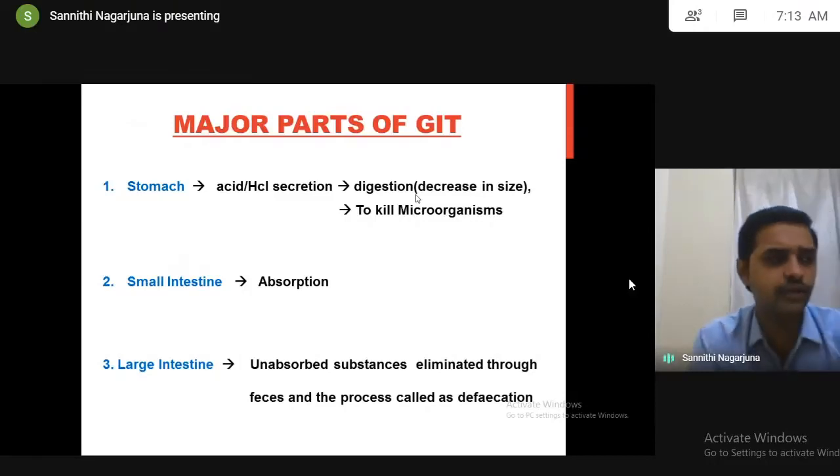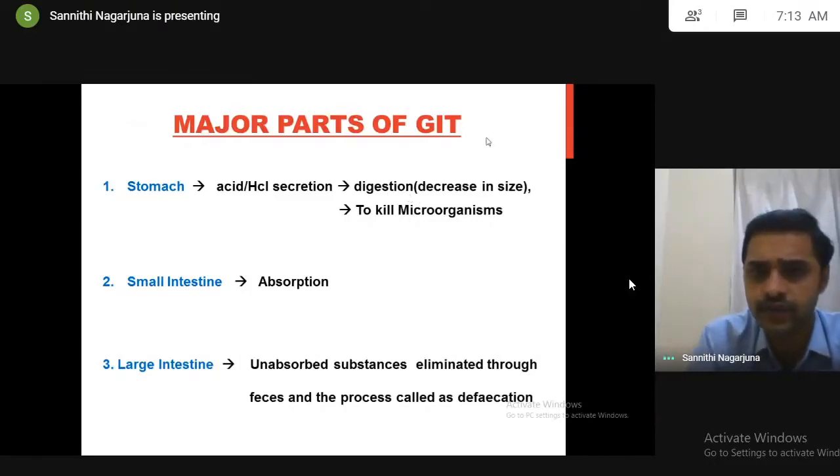The breakdown of large particles into small particles. The acid is also helpful to kill microorganisms. The acid has 2 major functions. One is the process of digestion, so decrease in particle size, and another is to kill the microorganisms. Whatever microorganisms enter through the oral cavity into GIT are killed by the acid.